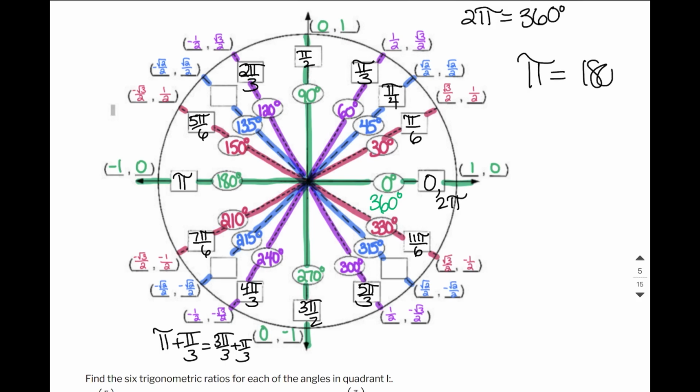But again, if pi is 180 degrees, to get 45 degrees, I would have to divide this by 4. So that's why pi over 4 is 45 degrees. Well, if this is 1 pi over 4, and this is 2 pi over 4, then it should make sense to you that this should be 3 pi over 4.